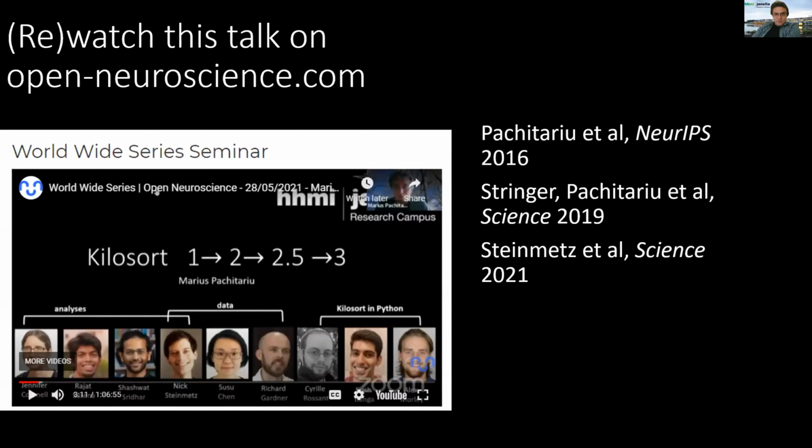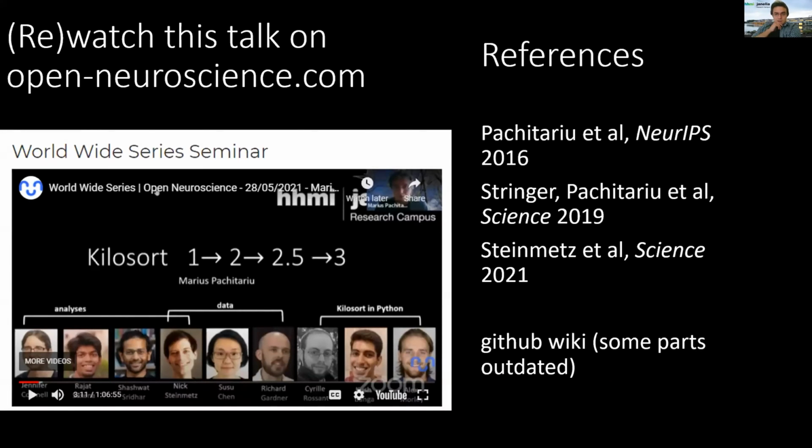The references for this talk are kind of spread out. The information about how Kilosort works is spread out all over a few papers. Some of the basic mechanics are there in the original NeurIPS paper, it's also in bioRxiv. And then if you look at the supplementary materials for these other two papers, you'll find some more information. And then if you look on the GitHub wiki, you'll find some more information.